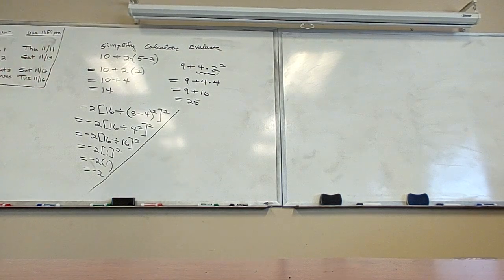The inverse property of addition. A plus negative A equals 0. Or alternatively, negative A plus A equals 0. What does that really say? Subtracting anything by itself will always give you 0. That's pretty good.